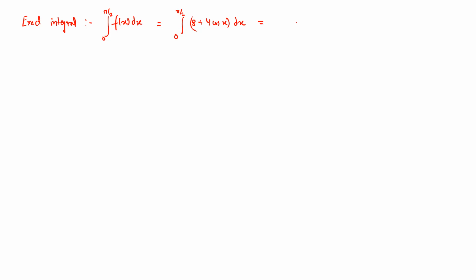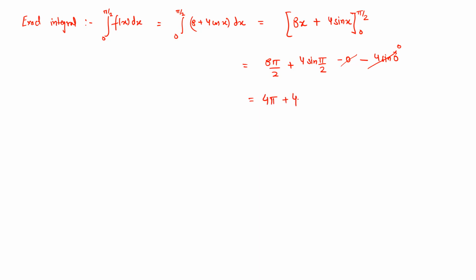Integrating this, we get 8x plus 4 sin x, integrated from 0 to pi by 2. Putting the limits, we get 8 times pi by 2 plus 4 sin pi by 2, minus 0 and minus 4 sin 0. So this term goes away, and we are left with 4 pi plus 4, since sin pi by 2 is 1.